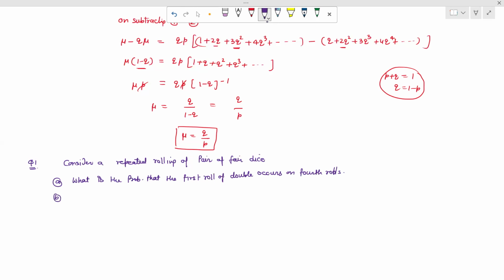Second part, what is the expected waiting time, meaning the number of rolls before a double is rolled.